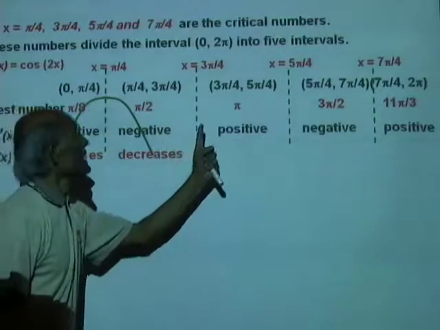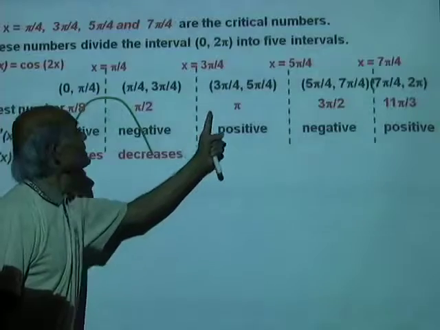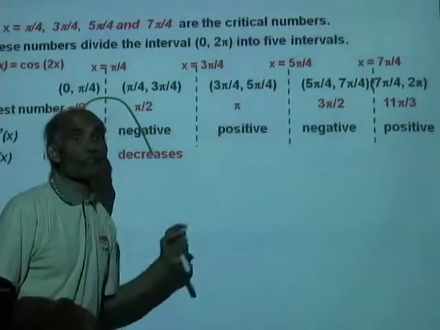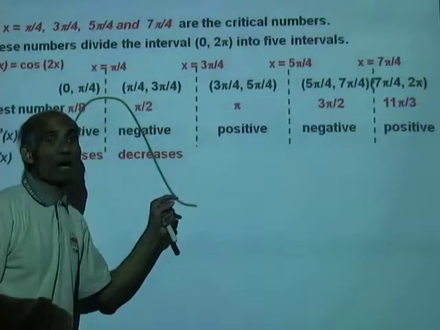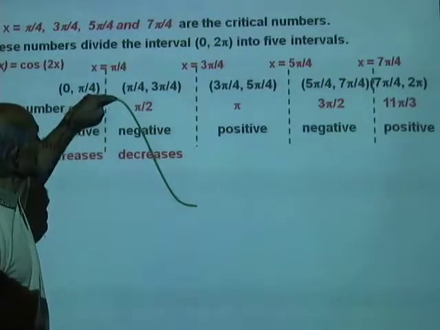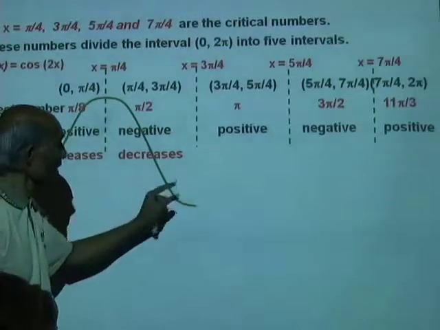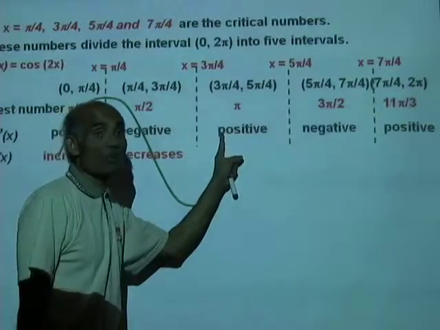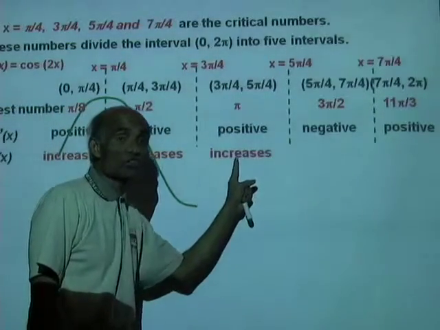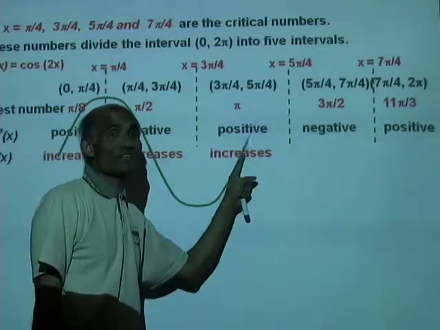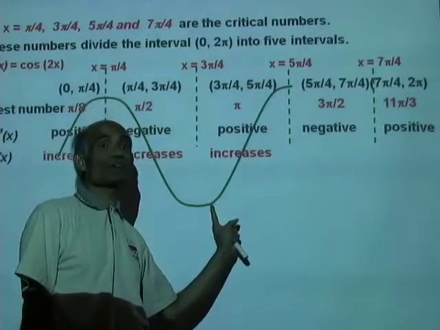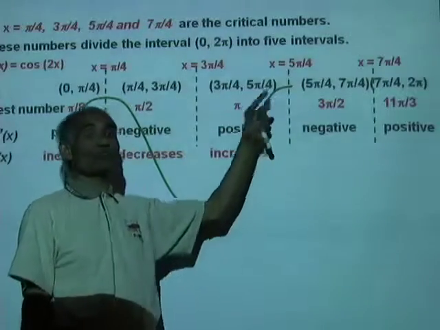Now, from 3 pi by 4 to 5 pi by 4, the derivative is positive, therefore the function increases, and you can see it increases all the way.